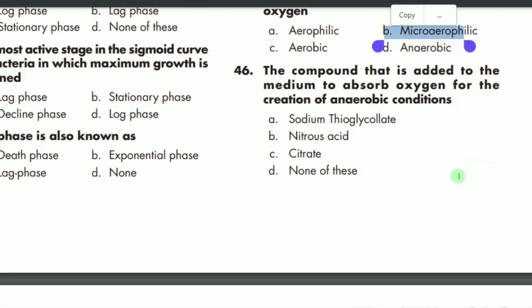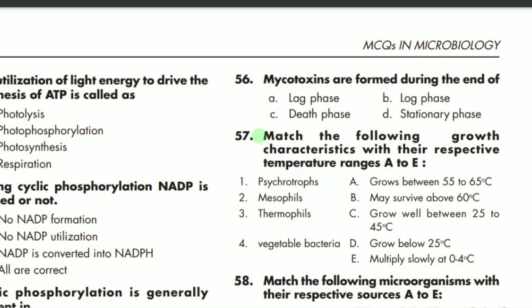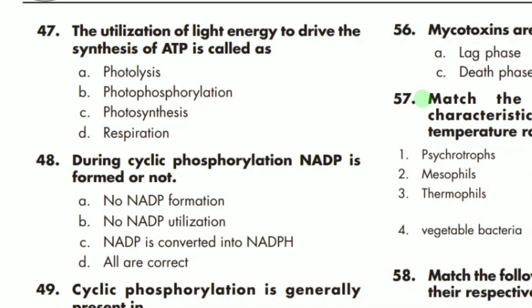The 46th MCQ says that the compound that is added to the medium to absorb oxygen for the creation of anaerobic conditions is actually nitrous acid. B is the correct option. Then MCQ number 47 says that the utilization of light energy to drive the synthesis of ATP is called photophosphorylation. So B is the correct option.